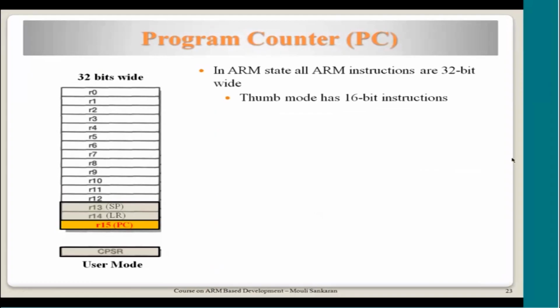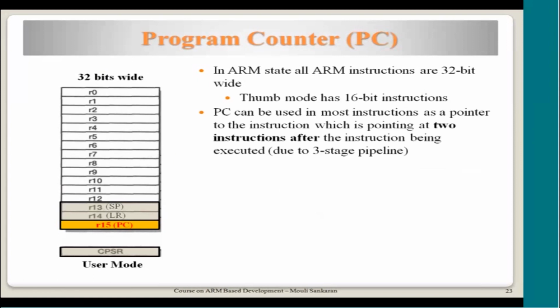Now the program counter, as I told you, is 32 bits wide, because all ARM instructions are in what we call ARM state, as it is not in Thumb mode. So in ARM state it will be accessing 32-bit instructions. The PC will be pointing at a set of 4 bytes, whereas in Thumb mode it is 16 bits. When I say it is pointing at a set of 4 bytes, it is always accessing the instructions as 32 bits.